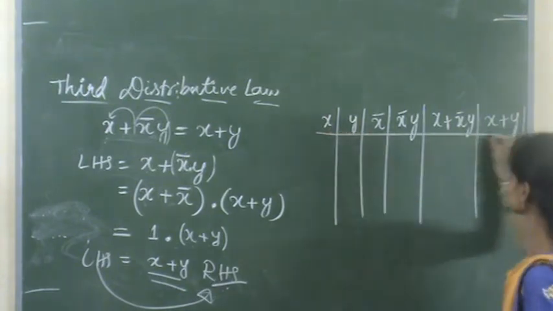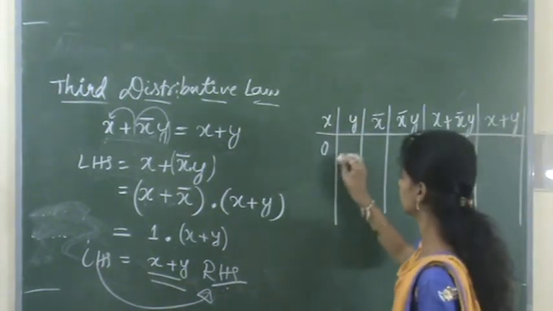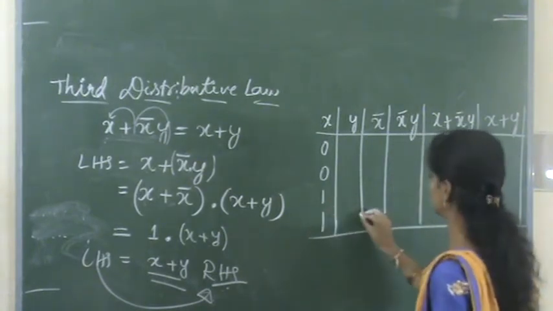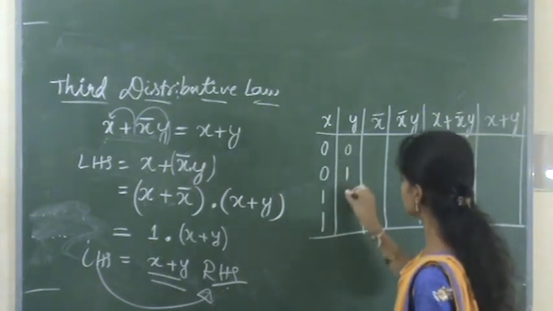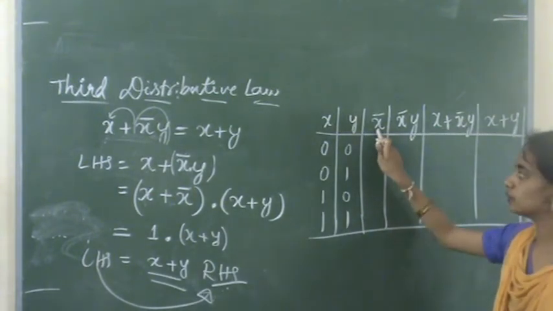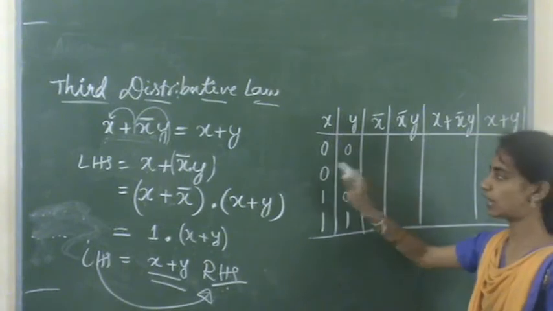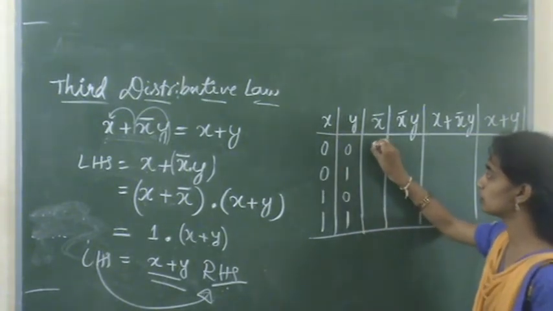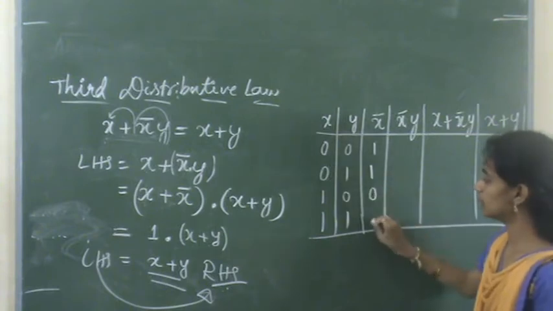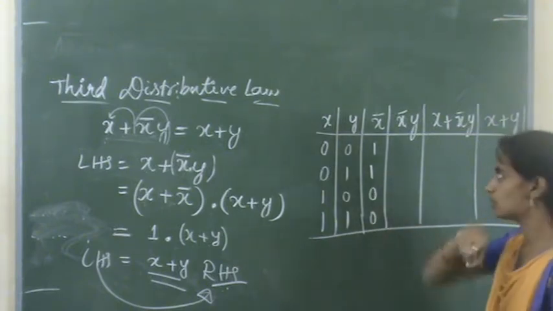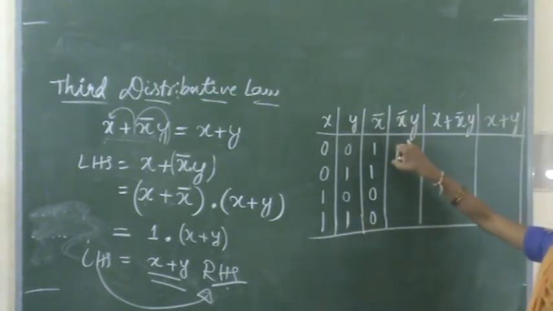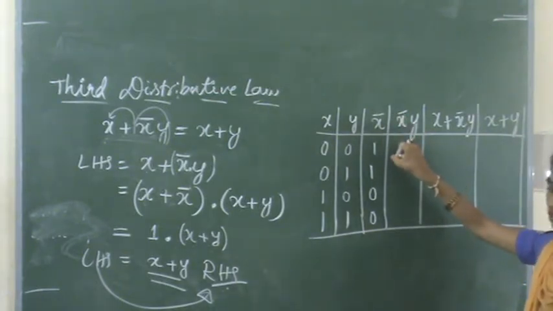So we have four combinations. What is x bar? It means the complement of the x value. If we have 0, the complement of 0 is 1, and the complement of 1 is 0. Now we have to perform x bar into y, which means we are performing the AND operation here.